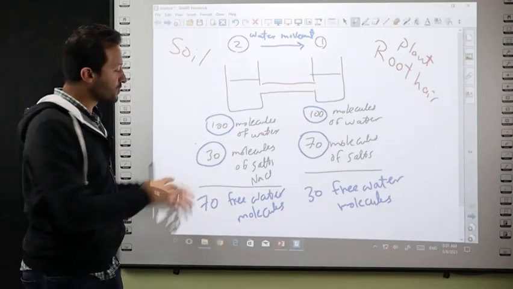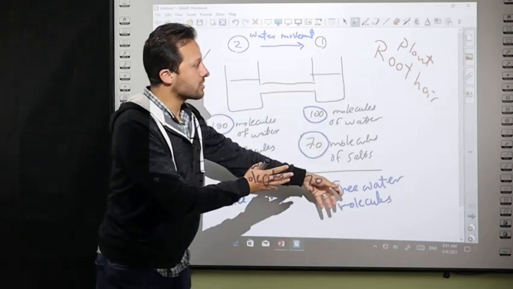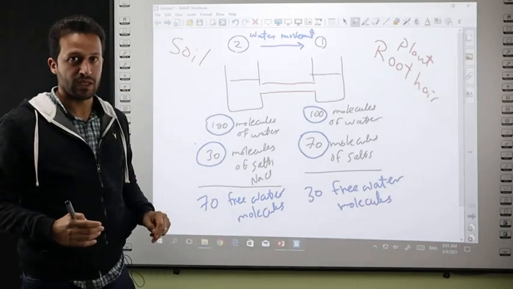So water will move from the high concentration in soil to the low concentration in root hair.